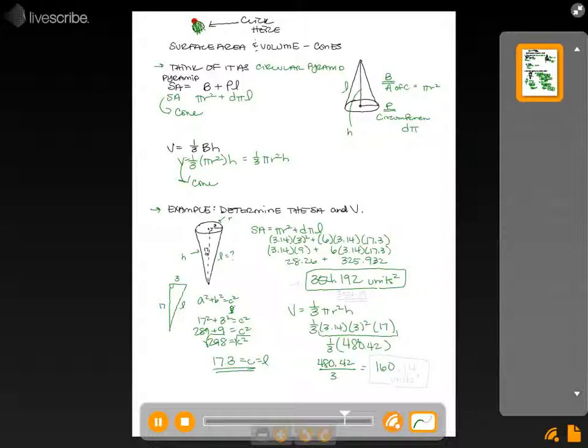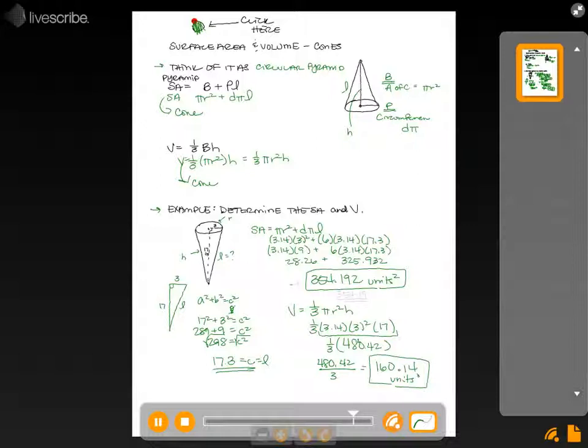And we get 160.14 units cubed because it's volume. Remember that multiplying by 1/3 is the same thing as dividing by 3. We're going to use that helpful little shortcut so that we don't have to multiply by a fraction, because that confuses some people. So just do everything else and then divide by 3.